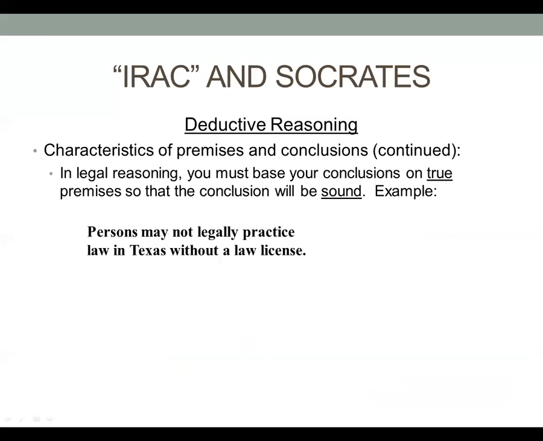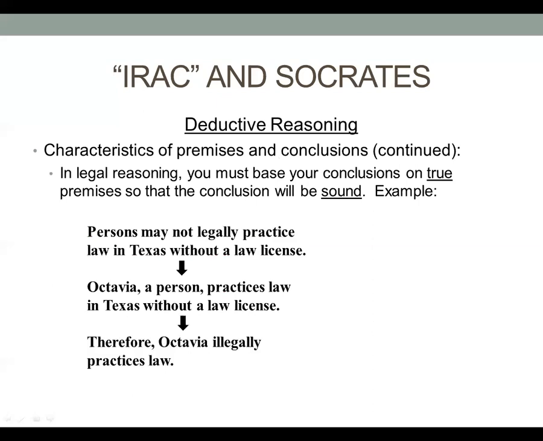First premise: persons may not legally practice law in Texas without a law license. That is true. Octavia, a person, practices law in Texas without a law license. And we'll just assume that that is in fact a true statement. Therefore, Octavia illegally practices law.